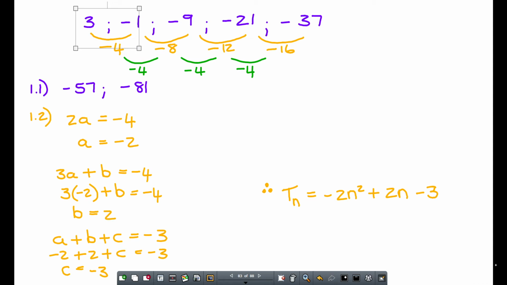Oh hierso, dis hoekom, daar's 'n minus 3, sorry, 3. Excuse julle, ek het nou 'n foutjie opgetel.